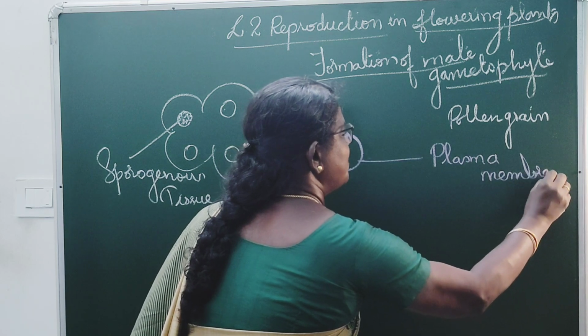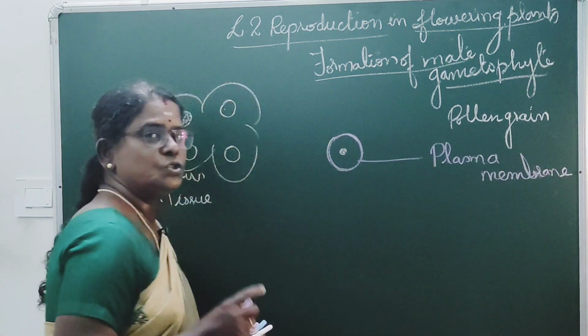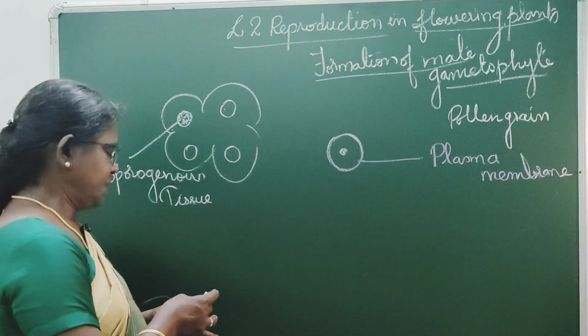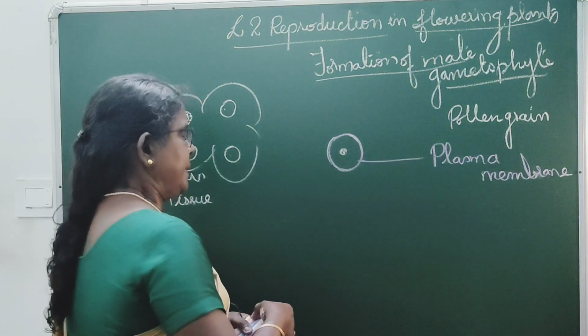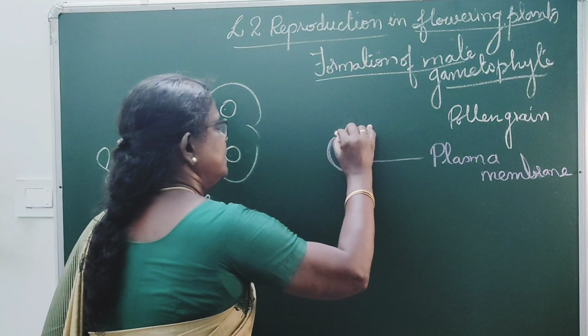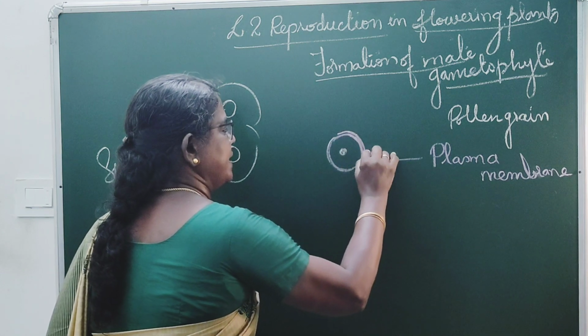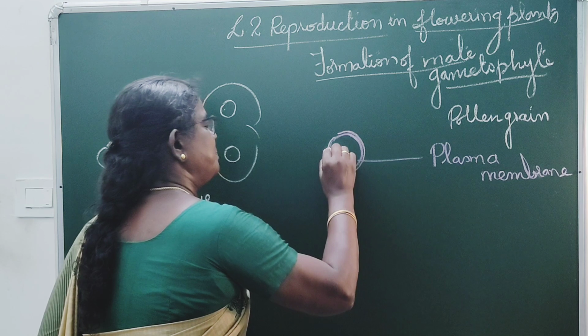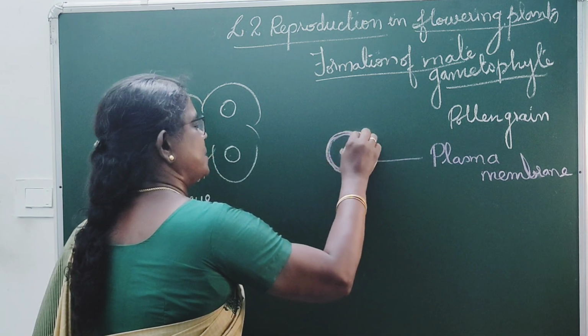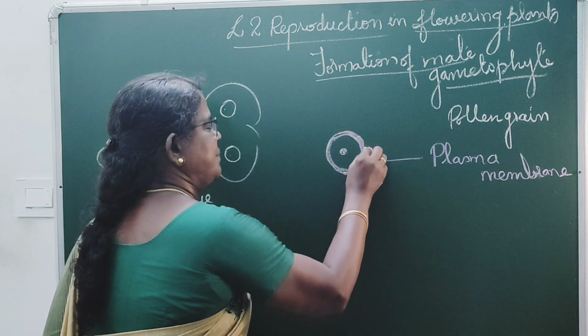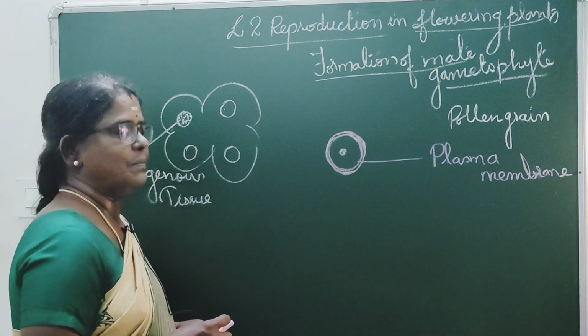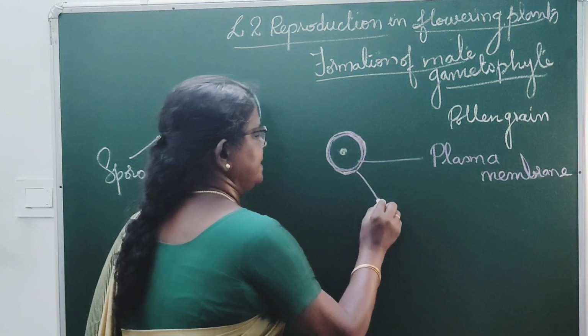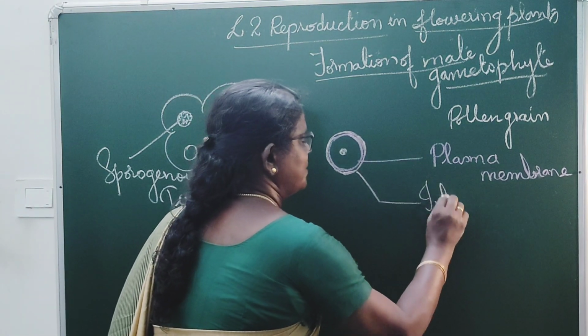Around this plasma membrane, it has two layers. Next to the plasma membrane, it has a layer known as intine. Intine is intact with the plasma membrane.